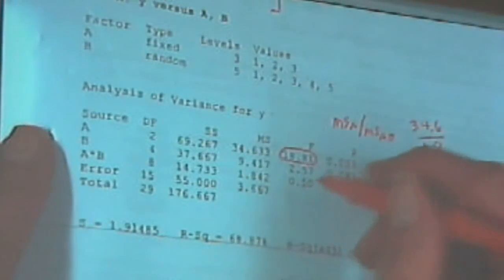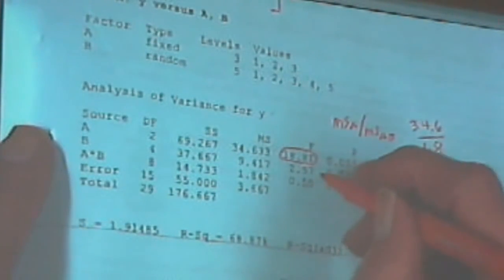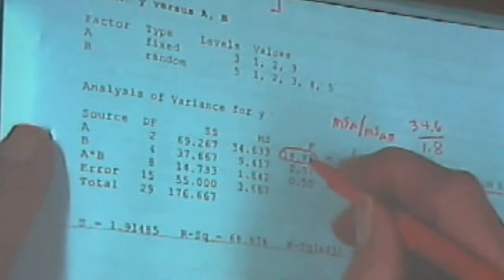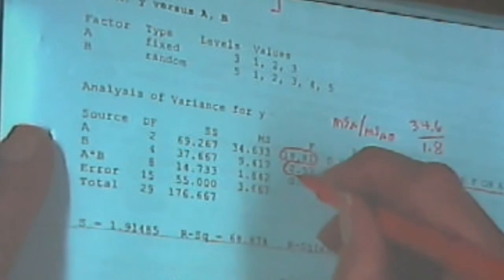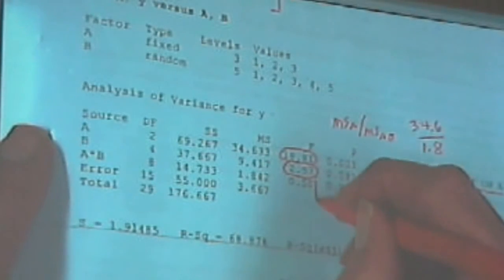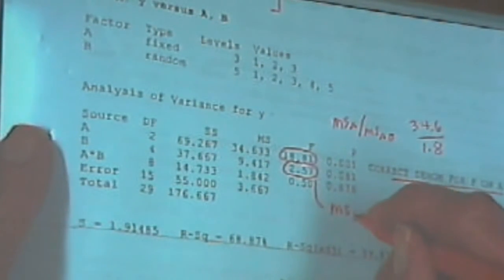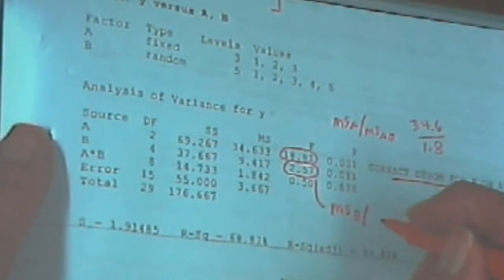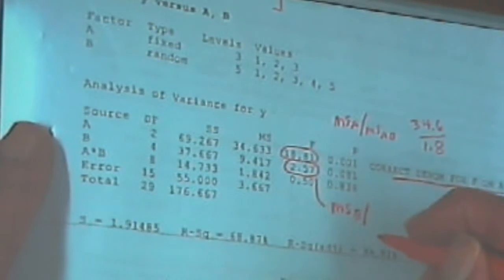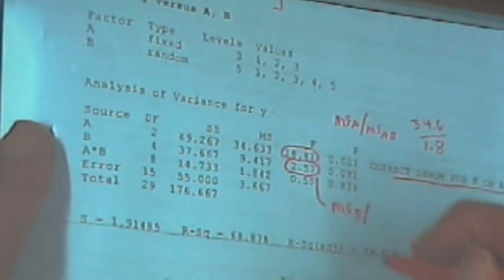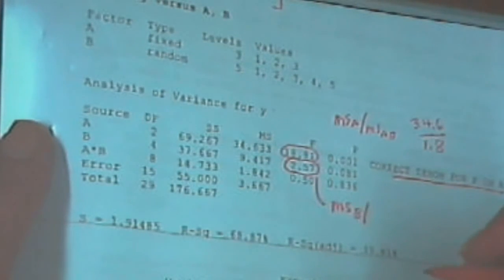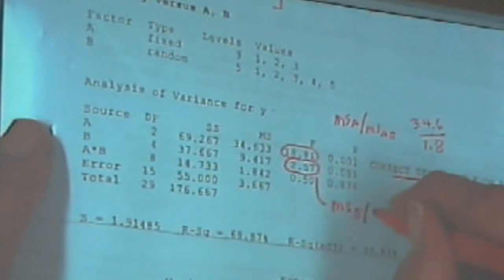When it did the test on B, this F statistic here, it's got to use mean square B over mean square AB.